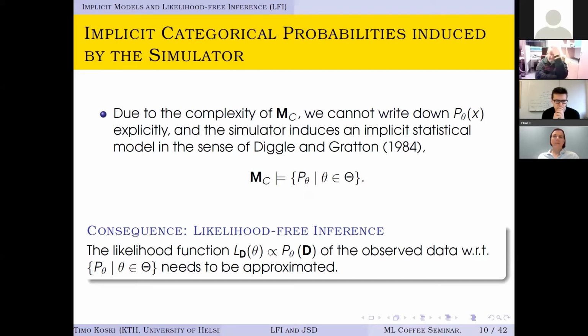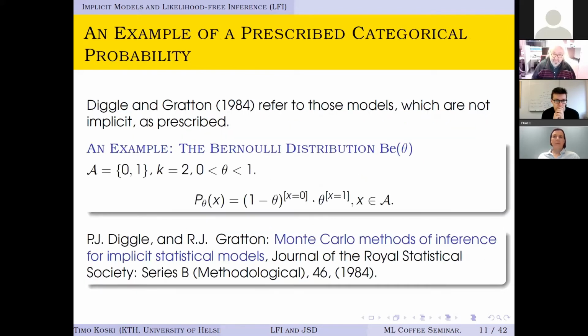Now there is an old 1984 paper that uses the word implicit statistical model in a situation like this. So you could say that the simulator model is represented by a statistical model of this kind, which is, however, implicit since we don't have the likelihood function.